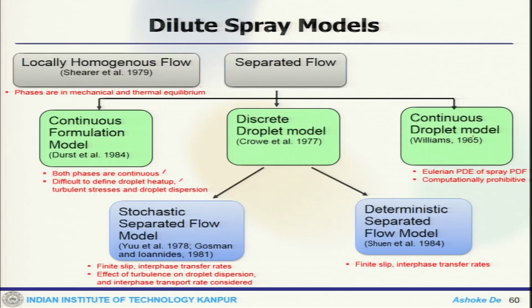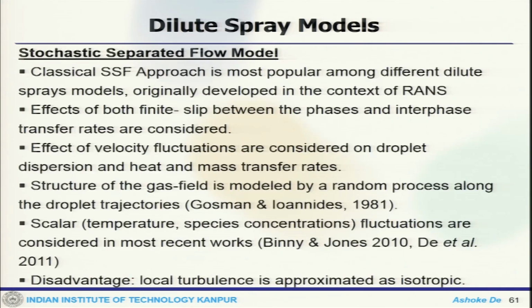Alternatively, the continuous droplet model is Eulerian PDF of spray PDF, which is computationally prohibitive. Now, the approach proposed by Crowe in 1977 is the discrete droplet model, with a stochastic separated flow model or deterministic separated flow model. This has finite slip and interface transfer rate, and the effect of turbulence on dispersion is considered. So, that gives you an idea of what goes on.